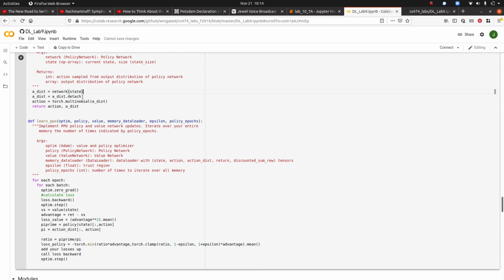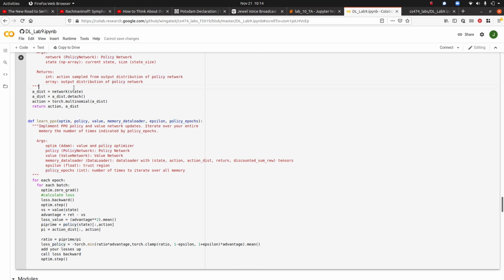so that backpropagation cannot hit this network when it's supposed to be hitting this network, which are the same thing, by the way. These are the same network, but we don't want backpropagation to be hitting them twice, only once.